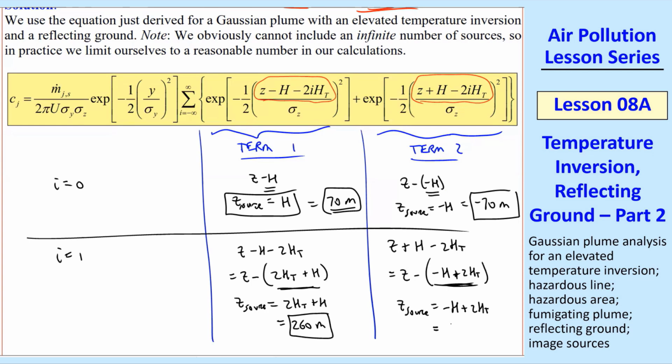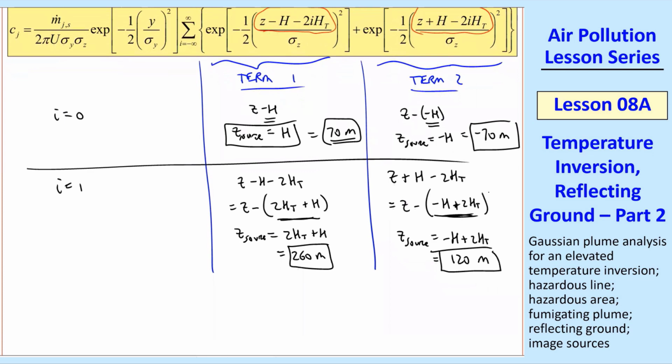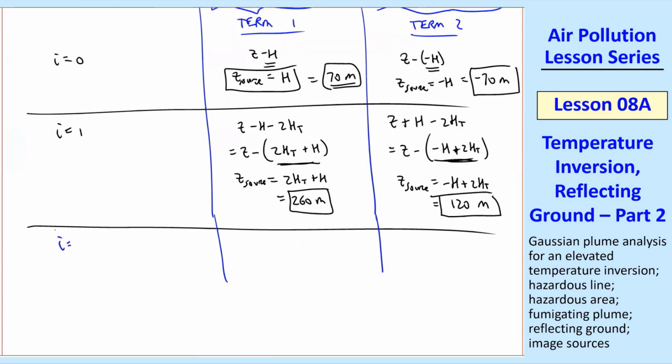Plug in our numbers, and I get 120 meters. So far I have 4 sources, and notice what we're starting to see here is that for each i, you get 2 sources. So we've only used i equals 0 and i equals 1, and we already have 4 of these sources. All right, let's continue with i equal negative 1 and do the same thing.